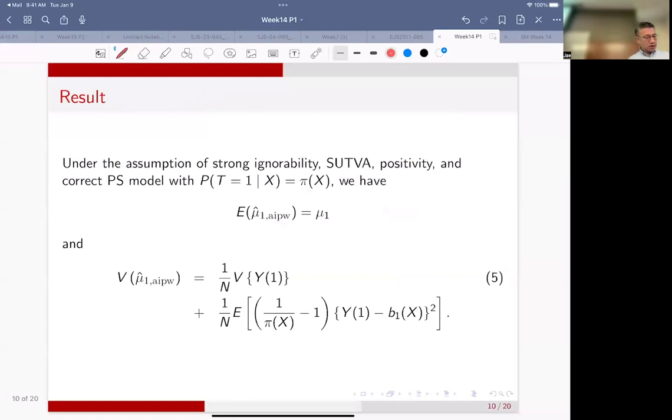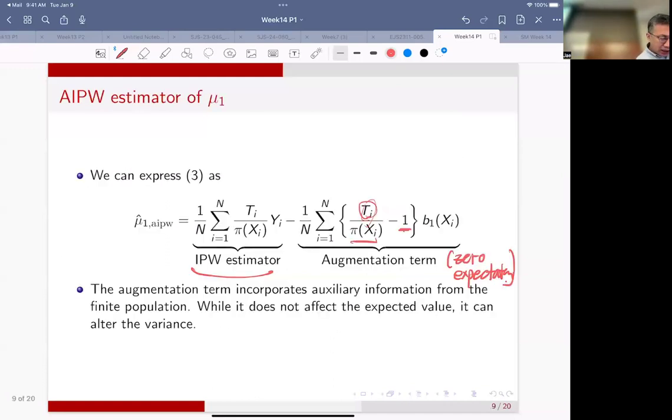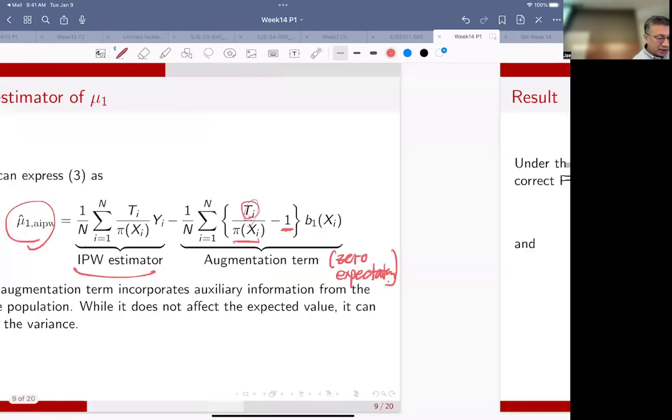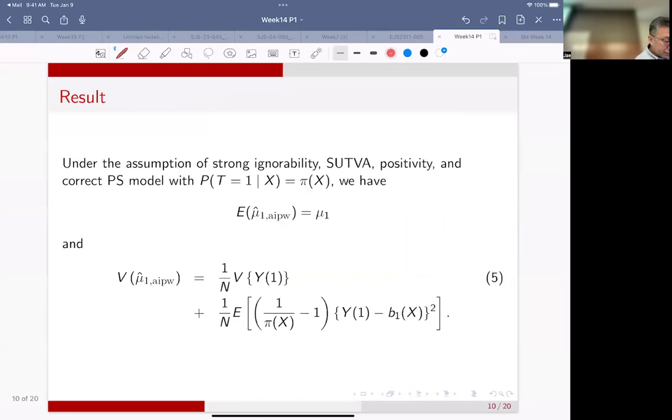Now, the result is that this estimator, the AIPW, is unbiased for mu1, and the variance is this. Okay, let's compute it.